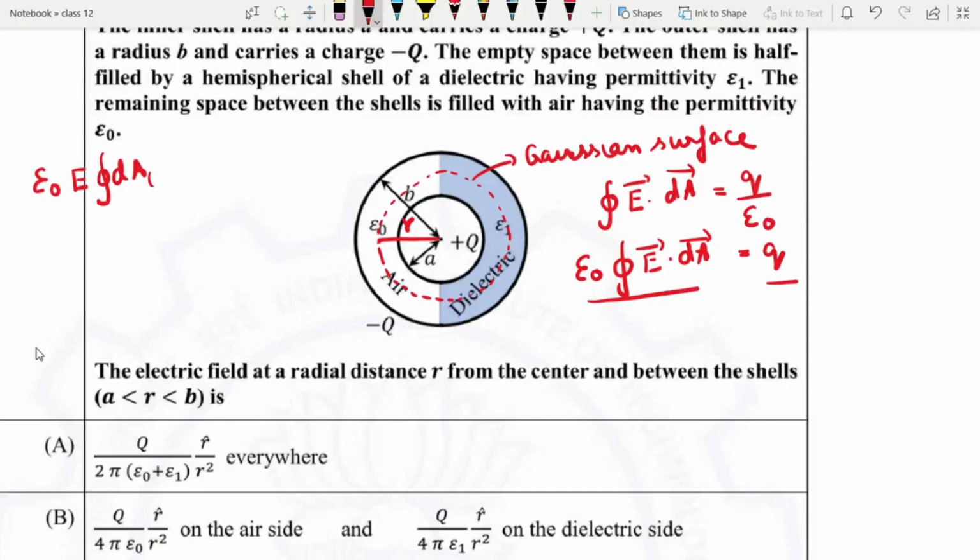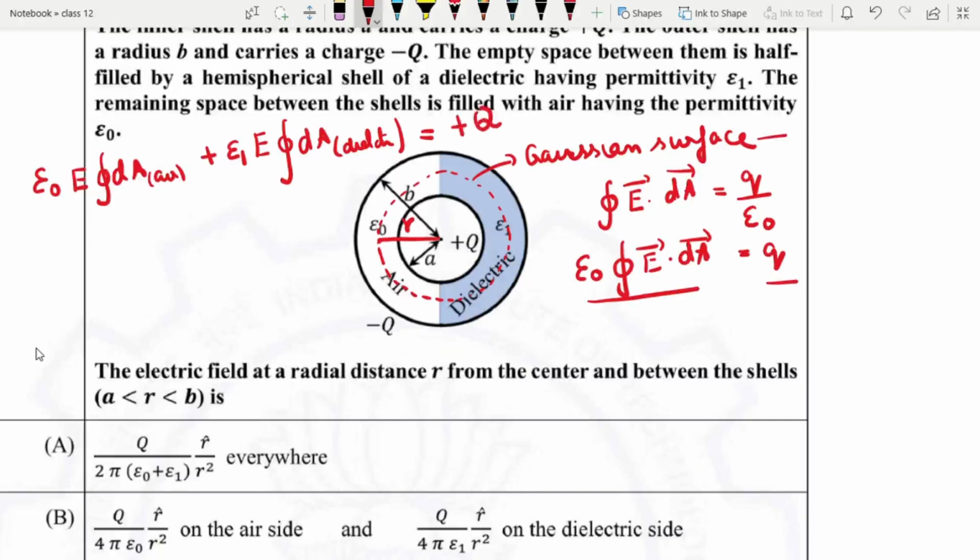This is for air. Then plus another side we have a dielectric material whose permittivity is epsilon 1. Electric field is also constant and the closed integral of area, this area is for the dielectric, is equal to the charge enclosed by the Gaussian surface, that is the plus Q charge.